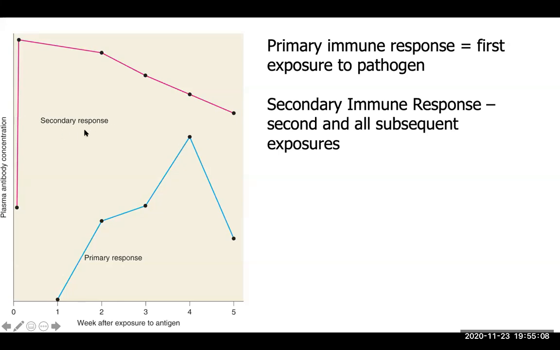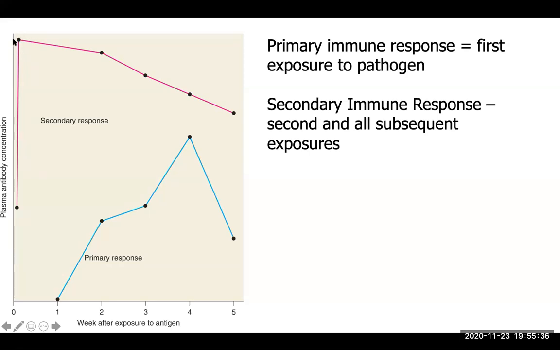The secondary response, if you ever encounter that same pathogen again, you are going to immediately, day 1, day 2, start secreting huge amounts of antibody because you have those memory B cells. You also have memory T cells, which immediately get to work as well. And you will never even experience a single symptom.